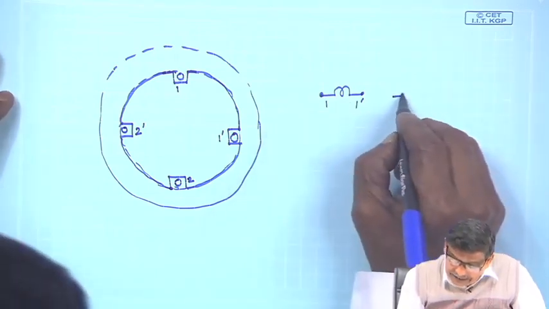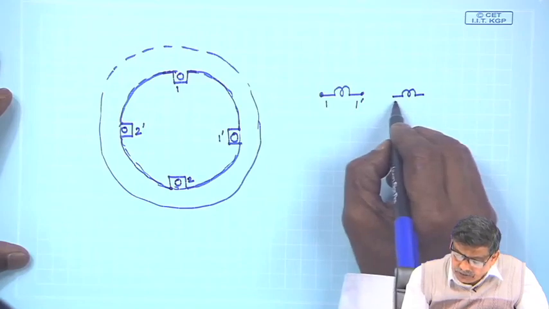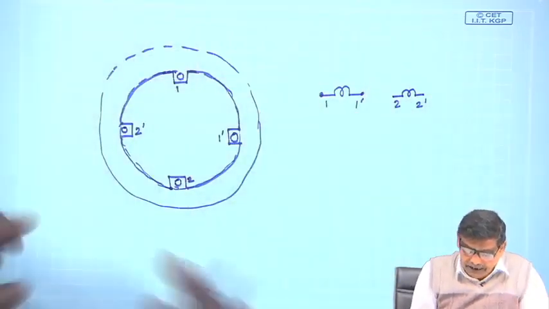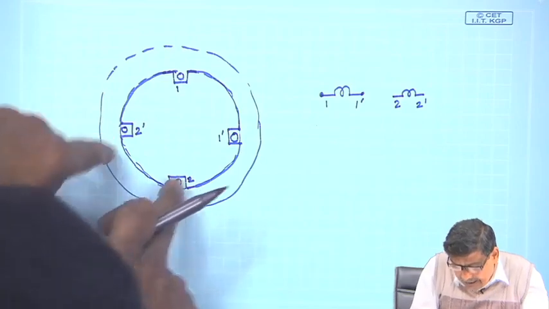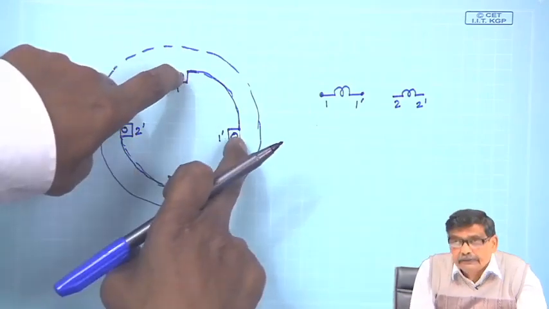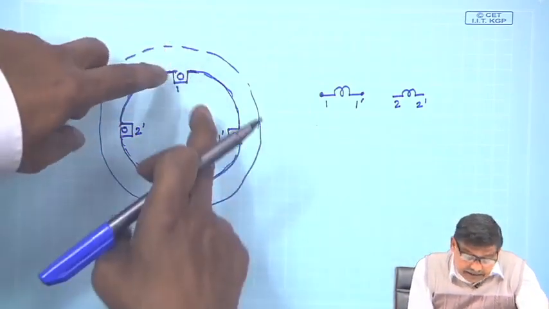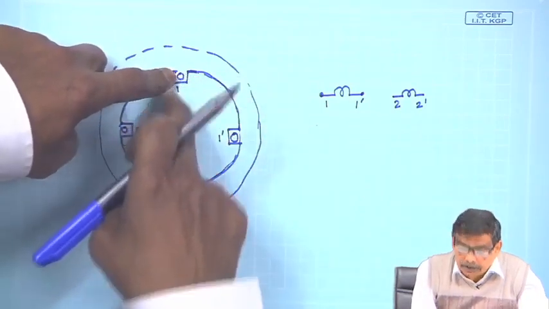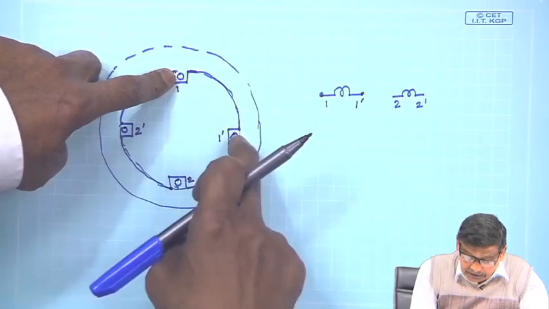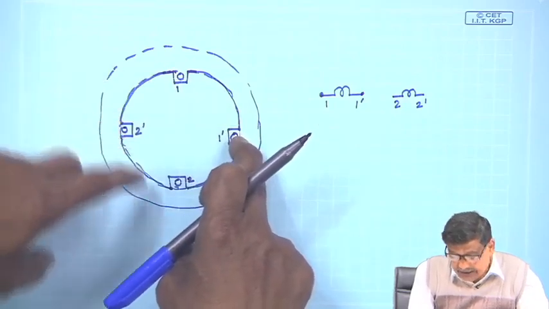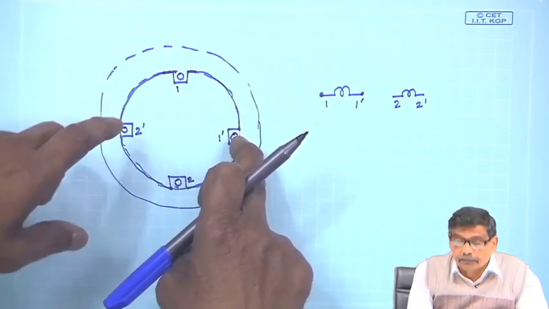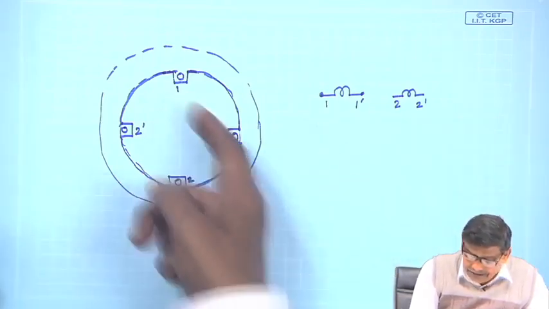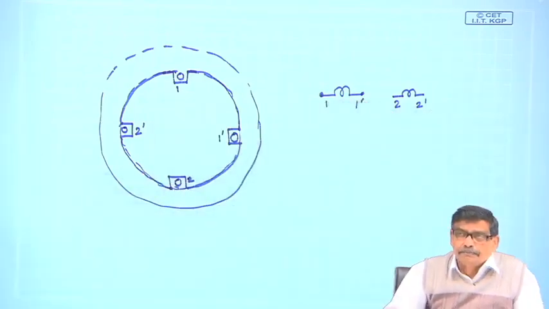Electrically, it is a separate coil, it has got its own identity, it has nothing to do with 1 dashed, no way, a physical coil here, a physical coil there. But for a change, 2 is not the return conductor of 1, 1 dashed is the return conductor. Similarly, 2 dashed is the return conductor of 2, and in a simple way these two coils I can draw like this.